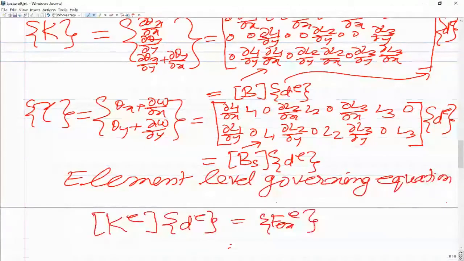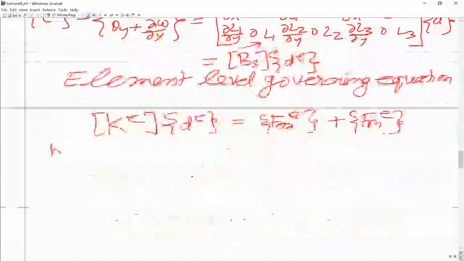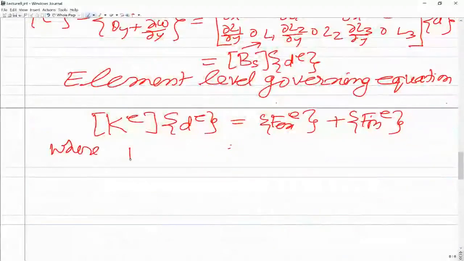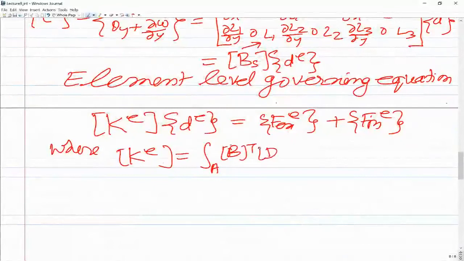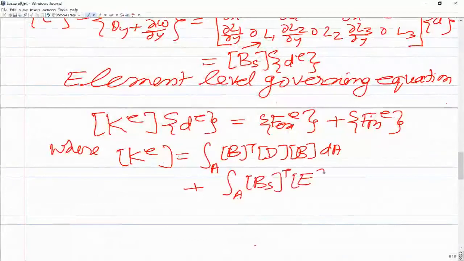That I am calling F internal for the element. The element level stiffness matrix Ke in this case is the integration over area of the element of B transpose into D into B into dA, plus the integration over area of Bs transpose into E into Bs into dA.